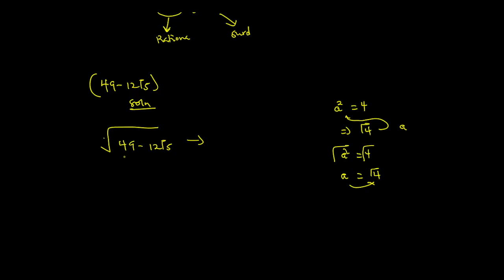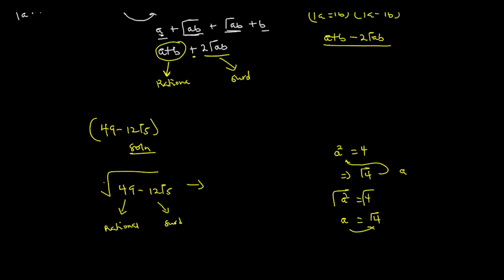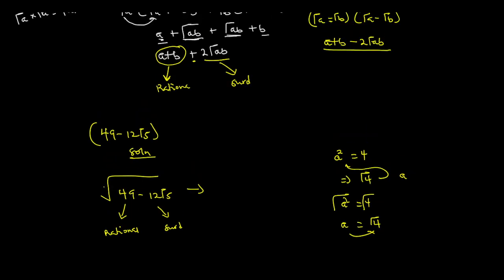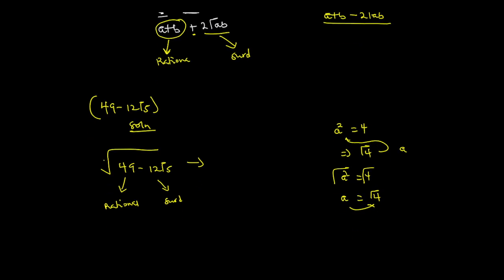In this way, we have a rational part and then the surd part, right? And now, look at what we did here. We said anytime you have a surd and then you multiply that surd by itself.